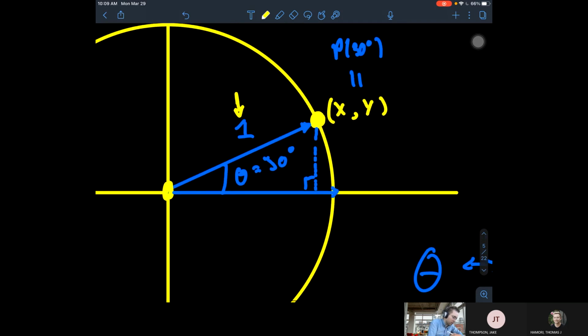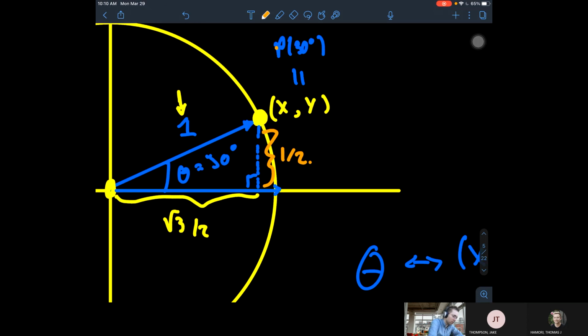So I know that this length here is square root 3 over 2. And I know that this length here, using a different color, is 1/2. So can you tell me what are the coordinates of the point x comma y on this unit circle? 60 or pi over 3, I think.